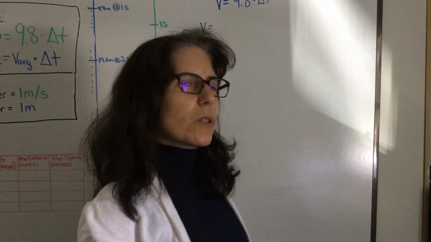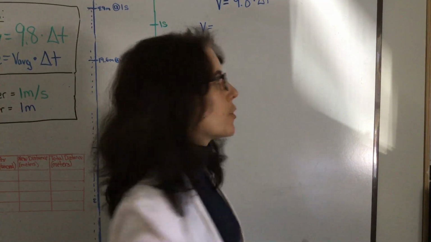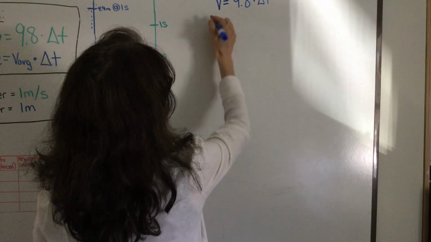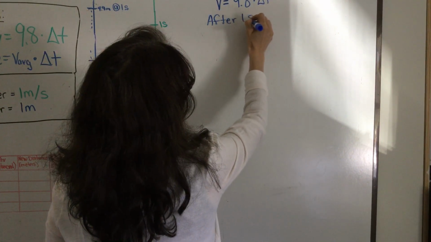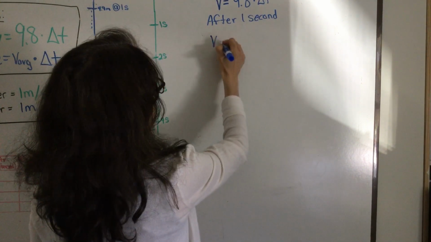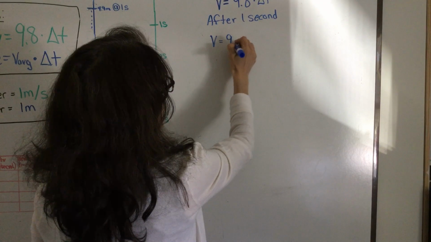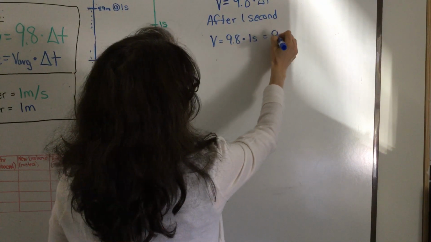How fast would an object be going, any object in free fall, after 1 second? So let's just say after 1 second, it would be velocity equals 9.8 times 1 second.